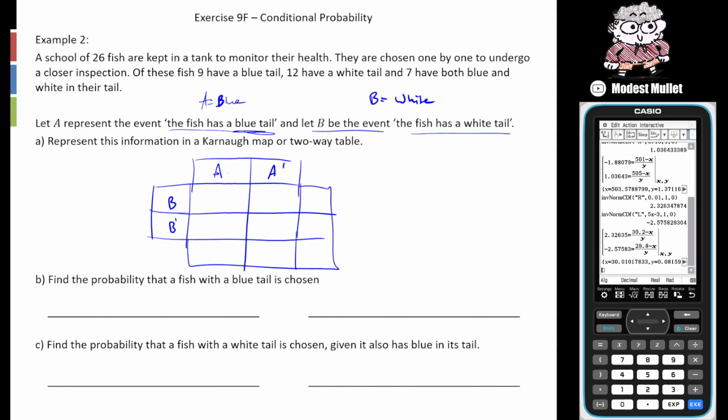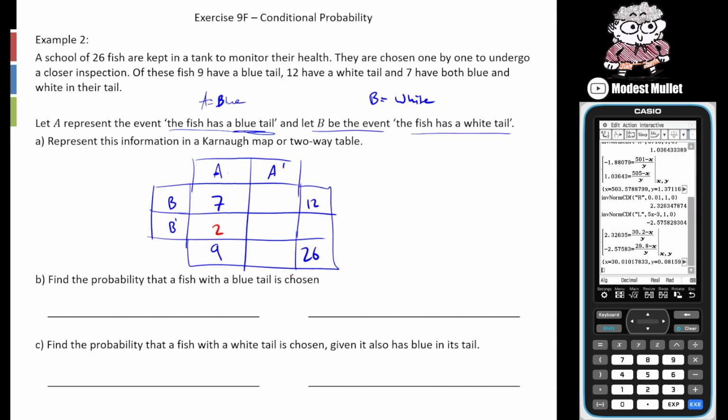Okay, so A is technically blue. So of these fish, 9 have a blue tail. So there's going to be 9 there. There's 26 total. 12 have a white tail, so B is white, so that's going to be 12 over there. And 7 have both blue and white in their tail, so we're going to put 7 in there. So that means that needs to be, let's put it in different colors that we then calculate.